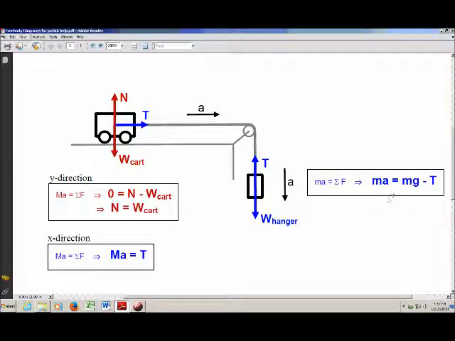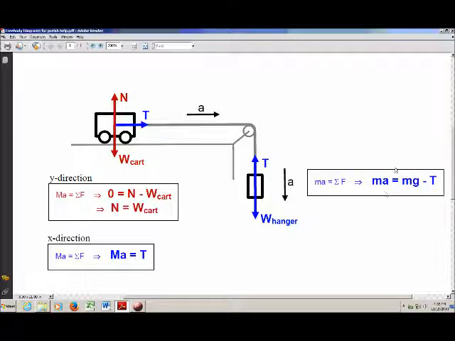So mass times acceleration equals mg, that's the weight of the hanger, minus the tension. So the tension is put down as negative just because it's going in the opposite direction of A. That's the other thing that students tend to get wrong on this, is that they mess up a minus sign in here.